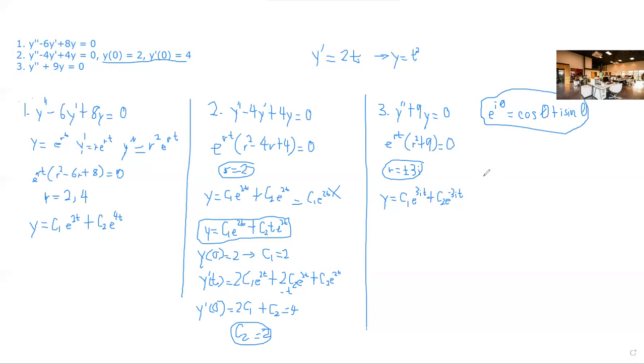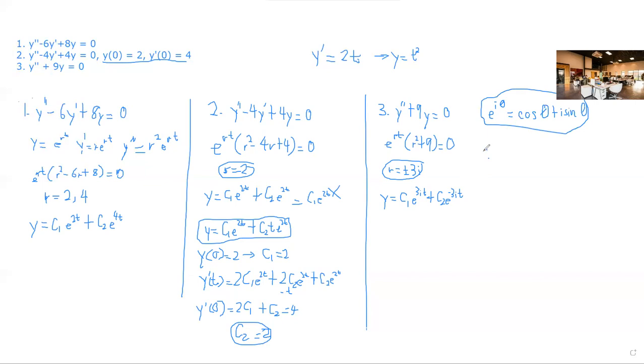Because the constants C1 and C2 can be both positive or negative, you don't have to worry about one of the roots. Let's just ignore the negative 3it and just focus on the 3it.